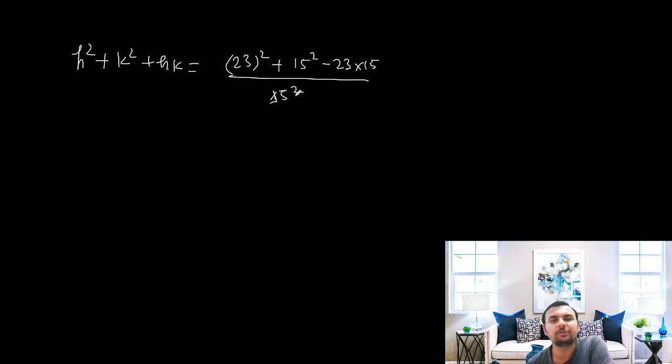You can calculate these values. You can calculate simply saying that 23 common, 28 into 23 plus 15 whole square upon 15 whole square.